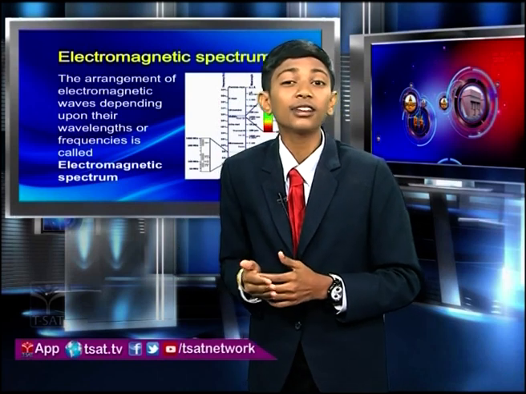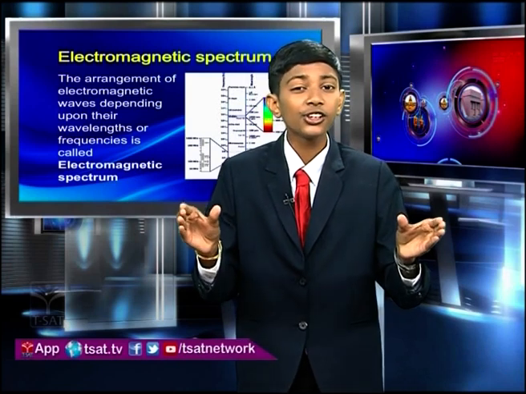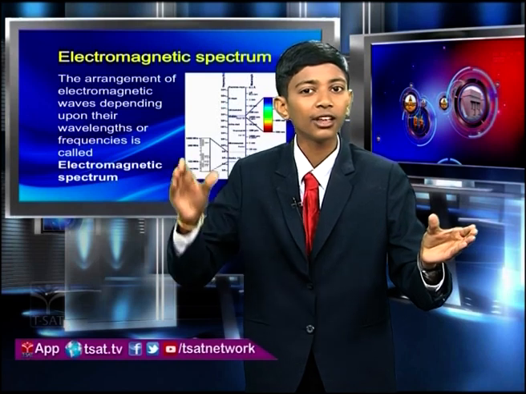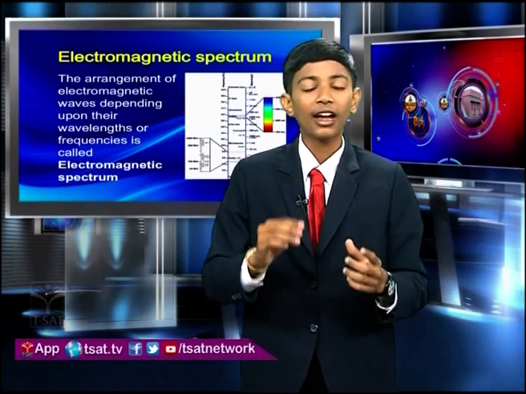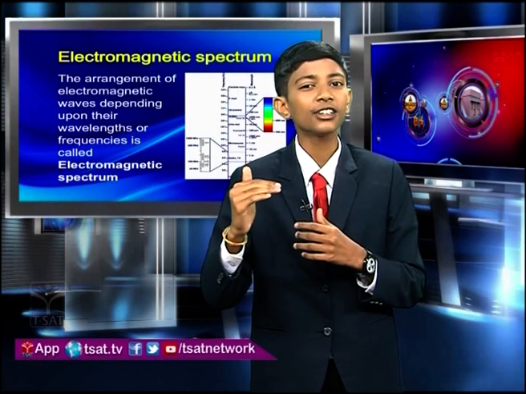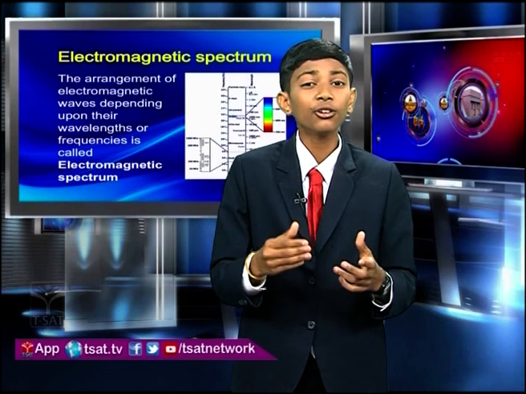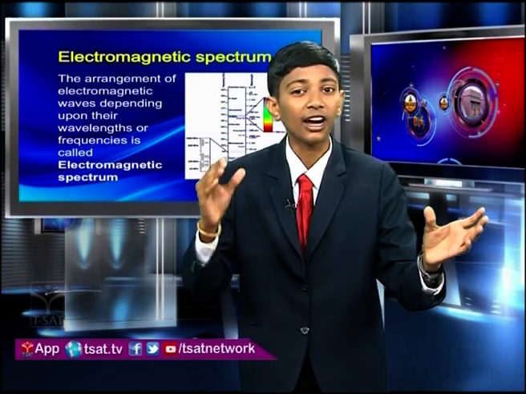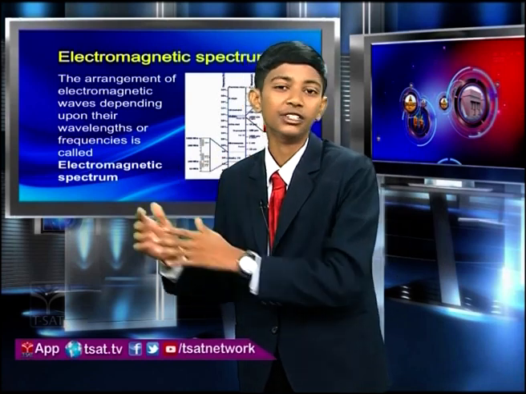Further, we will discuss the electromagnetic spectrum, the relationship between wavelength and frequency of electromagnetic waves, and also the characteristics of electromagnetic waves. And we will look at the specialities and characteristics of all 7 electromagnetic waves in detail.